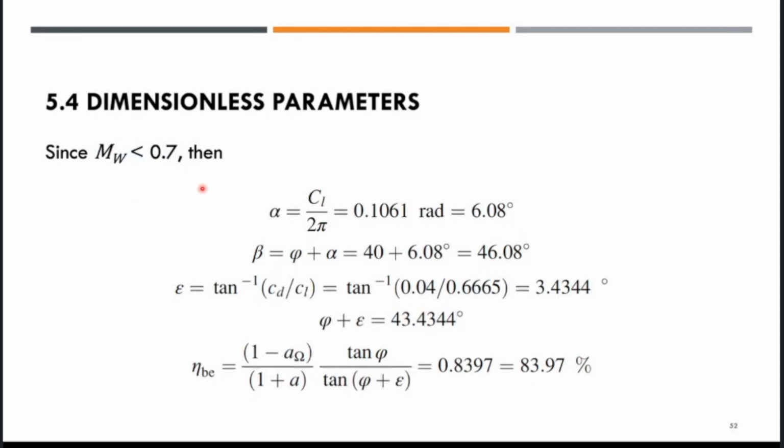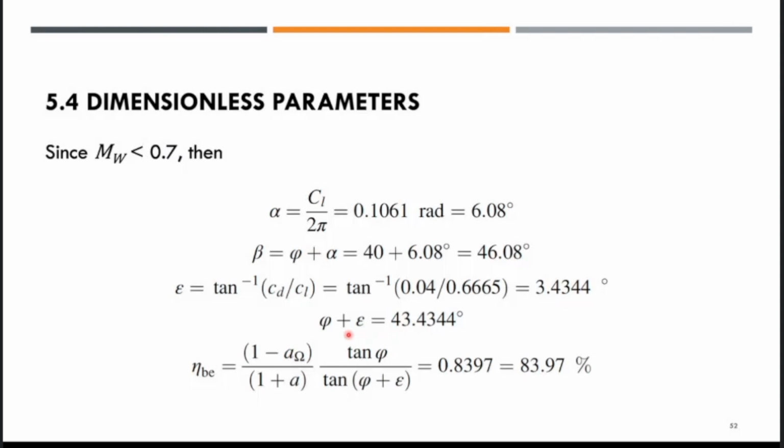Since it is less than 0.7, we use the first expression for alpha, CL over 2 pi, simplified version, and then you get alpha to become 6.08 degrees. You can immediately get beta 46.08 degrees, and then you can get the angle eta to become 3.4344.